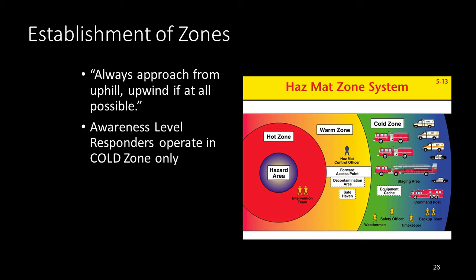They'll bring the individuals through the warm zone, and then you all will actually be located to receive those individuals in the cold zone. So your control officer is going to be located in the warm zone along with the decontamination area.